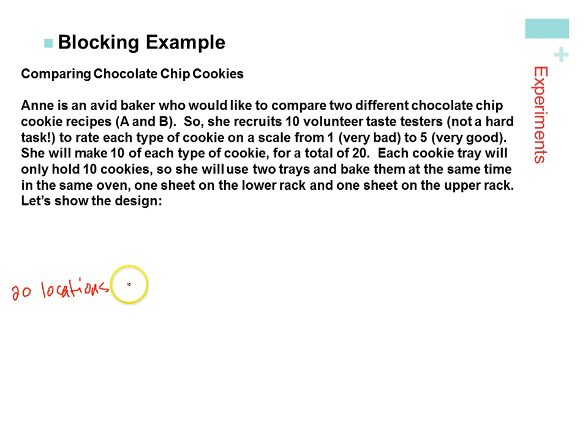And I know there's going to be a baking difference from the top to the bottom rack, so I don't want to run the risk of randomly assigning, happen to get all of recipe A on the top rack and all of recipe B on the bottom rack, and therefore run the risk of the difference in the taste of the cookies being the difference in the baking in the oven.